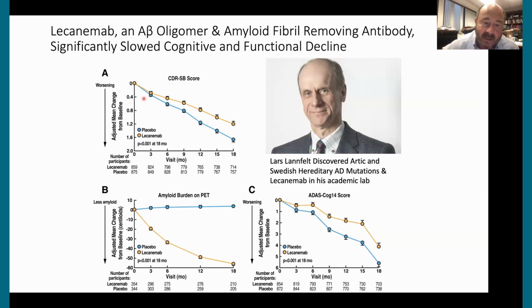And what these studies show is that even preventing A beta aggregation and removing A beta amyloid fibrils slows the progression of Alzheimer's disease, either by this sum of boxes score or this cognition score. And this antibody very effectively clears amyloid fibrils.